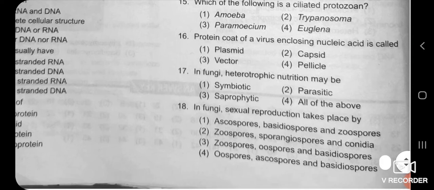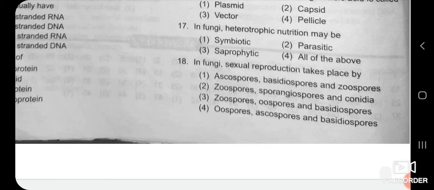Then question 17. In fungi, heterotrophic nutrition may be... We have discussed that fungi are a group called heterotrophic because they are not green in color and do not have chlorophyll pigment.